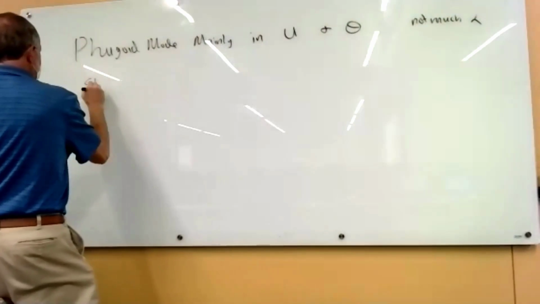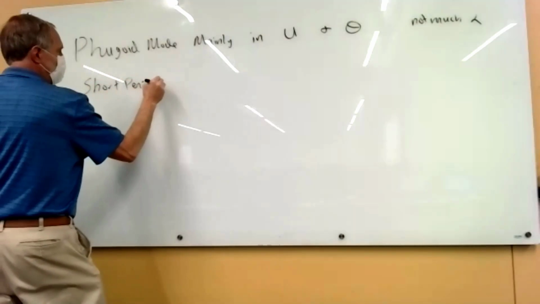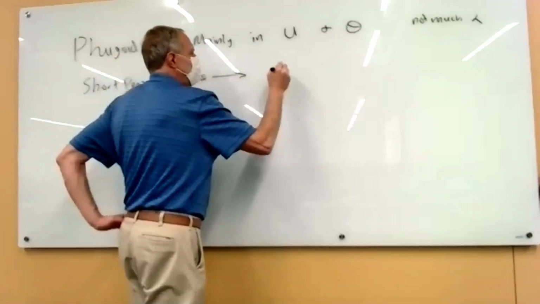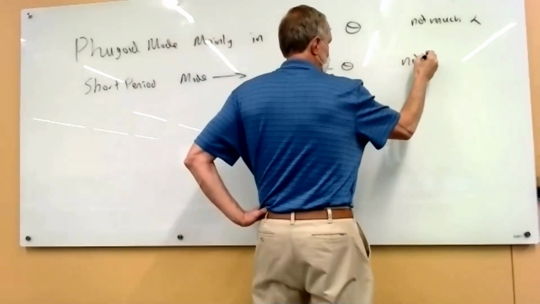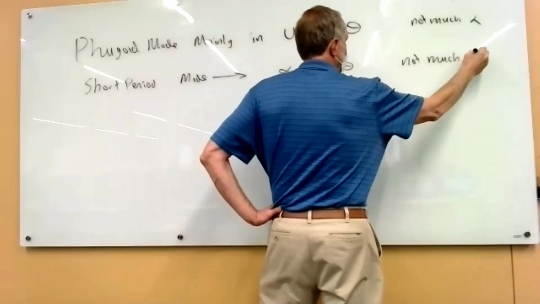Whereas the short period was mainly in alpha and theta, not much in the velocity.